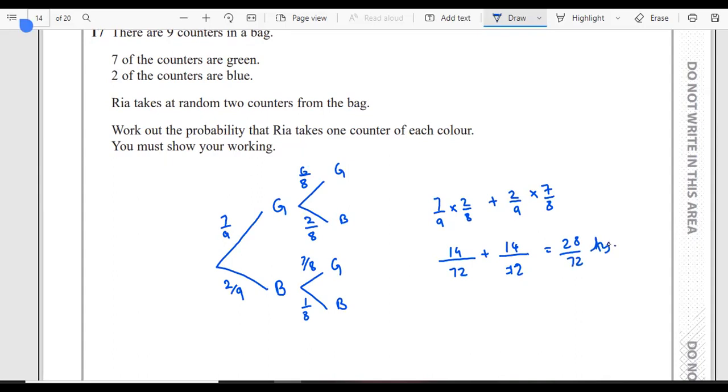You can simplify this as well, obviously. Oh, that's where I went wrong. My bad. Because in adding, the numerators add and the denominator stays the same. Divide by 2, 14 over 36, 7 over 18. Oh, okay. I see where I went wrong.